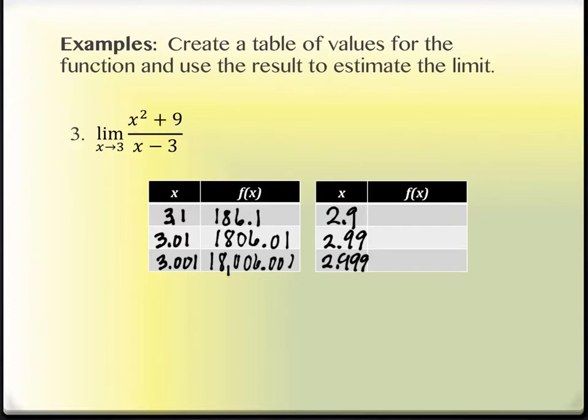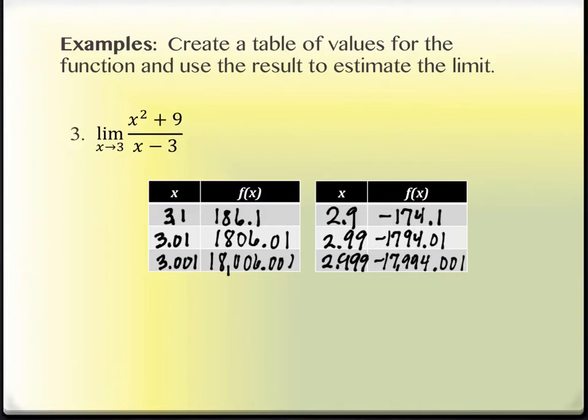And on the 2.9s, we have negative 174.1, negative 1794.01, and negative 17994.001. Those are the values that show up. If WebAssign wants you to use a specific number of decimals, it will tell you. In fact, it usually does, so that it makes sure it gets the accuracy, and it will count it correct or incorrect based on that.